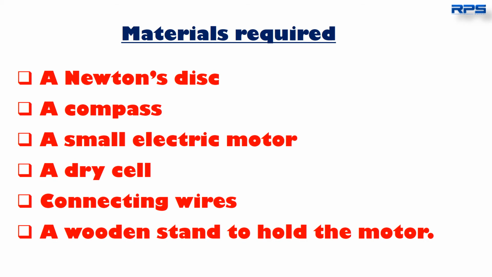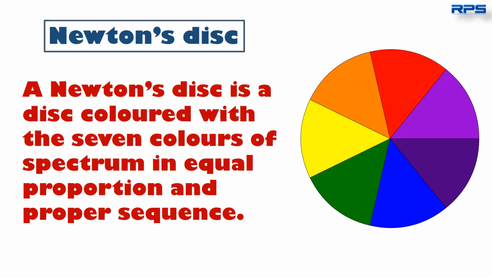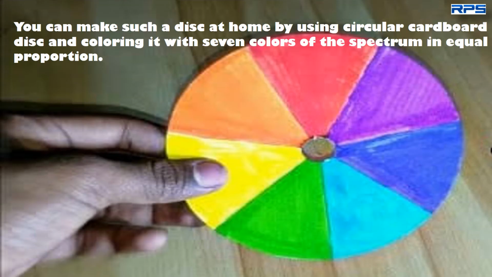A Newton's disc is a disc colored with the 7 colors of spectrum in equal proportion and proper sequence. You can make such a disc at home by using circular cardboard disc and coloring it with 7 colors of the spectrum in equal proportion as shown in the image.